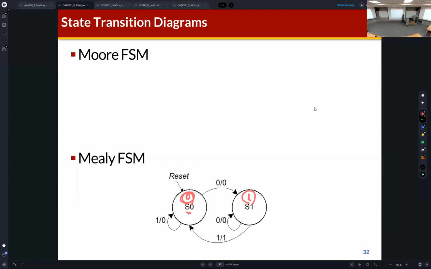So this example is different. This is 0 and this is the different state. This is 1.